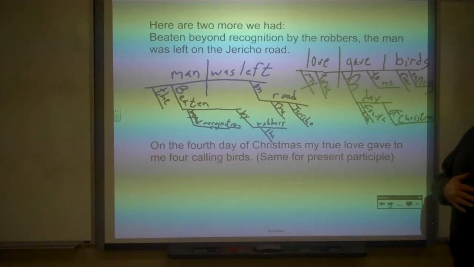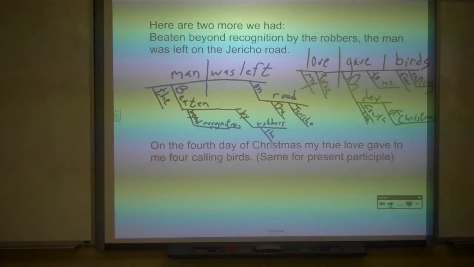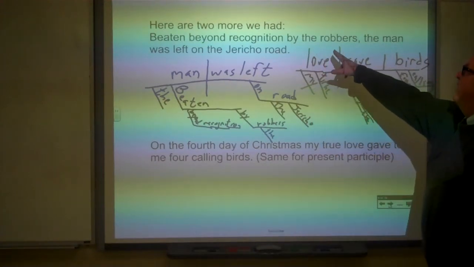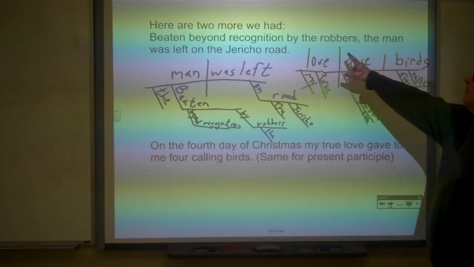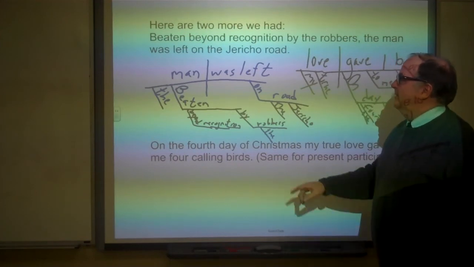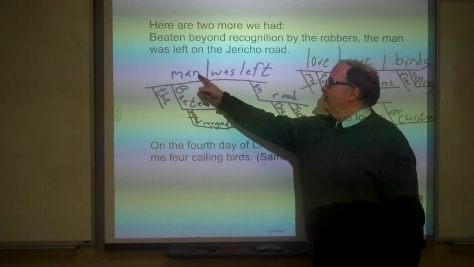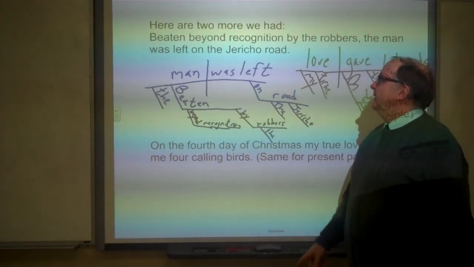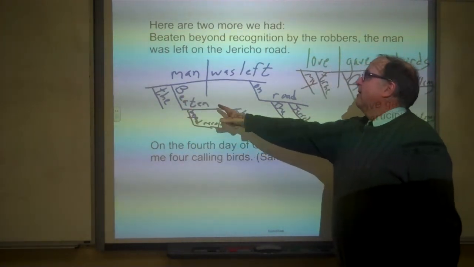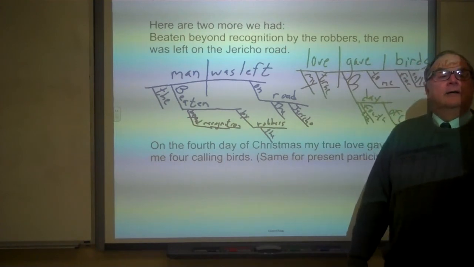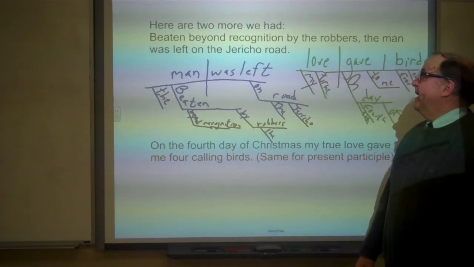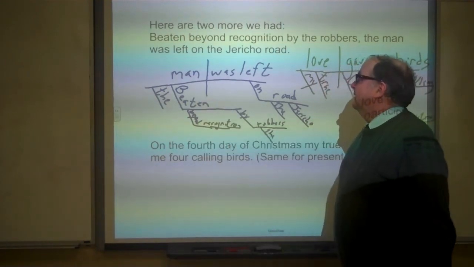Here are two more that you may remember. Beaten beyond recognition by the robbers, the man was left on the Jericho road. Again, was left is the verb, man is the subject, the modifies man, but then also we have the participial phrase modifying man.